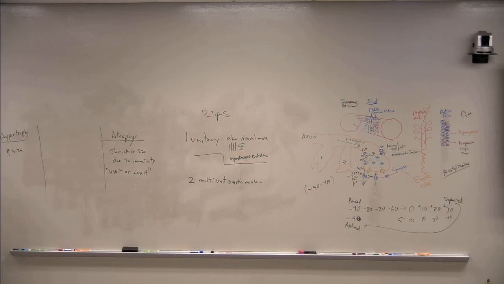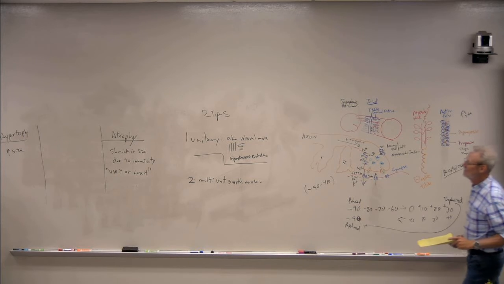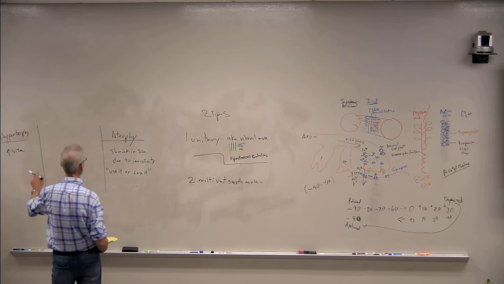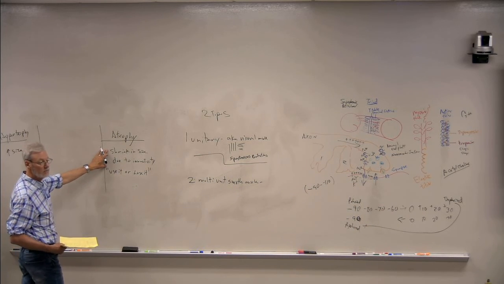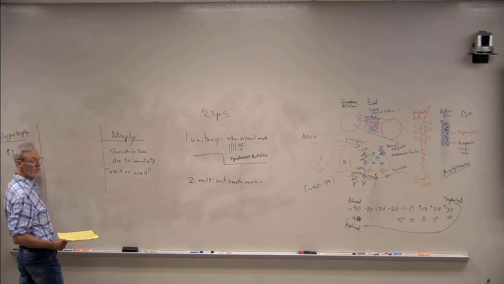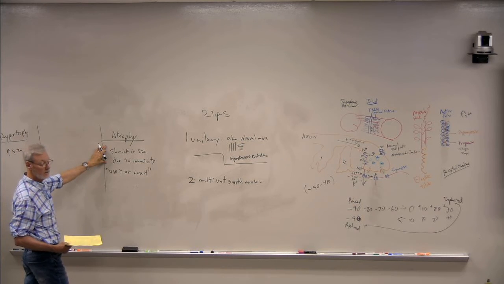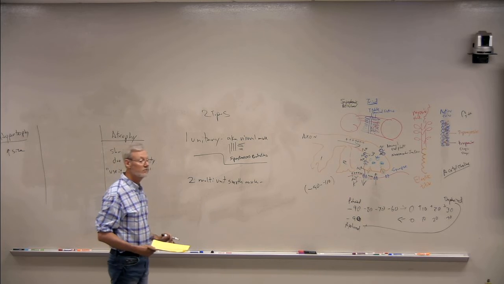Okay, admit it, you're one of those guys. Come on, Albert. So, hypertrophy is the opposite of atrophy. They get bigger. If I do certain things, certain muscles are going to get bigger depending on the exercise. They're going to hypertrophy. If I lay in bed, they're going to get skinnier and skinnier. They're going to atrophy.